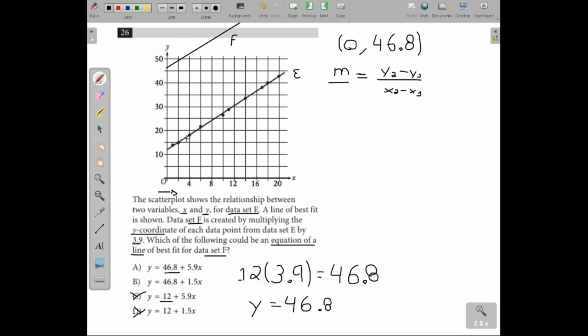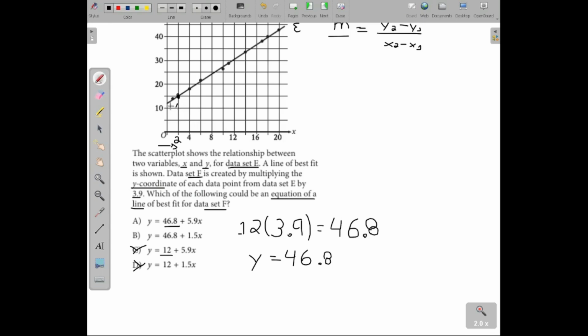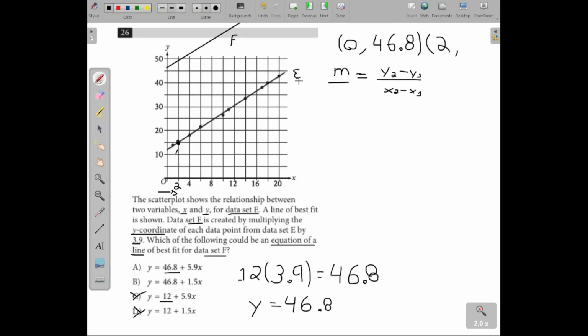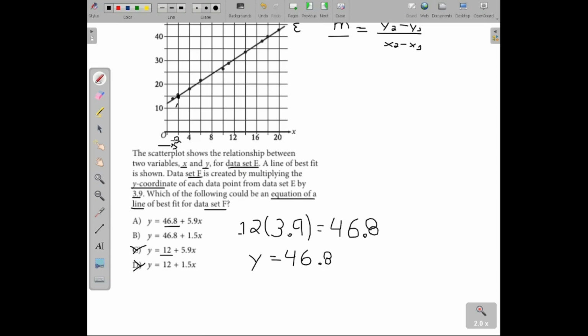Now we need another one. We could use this point, and x is equal to 2. When x is equal to 2, y for line E is 15.